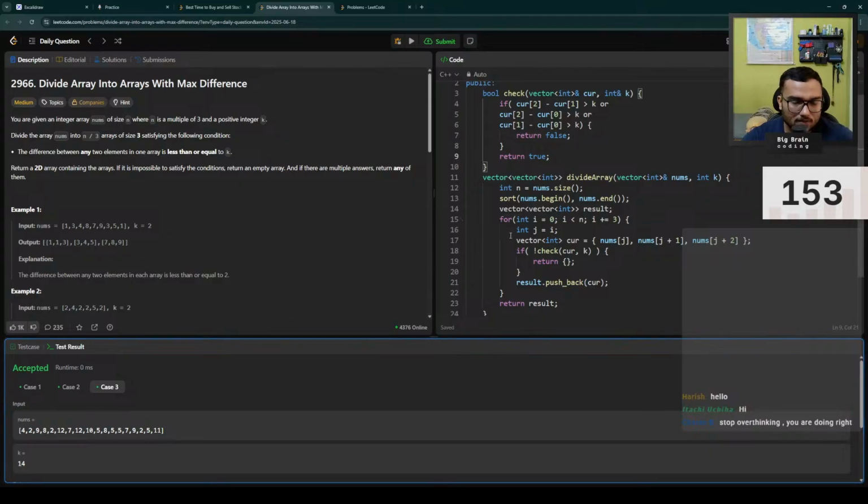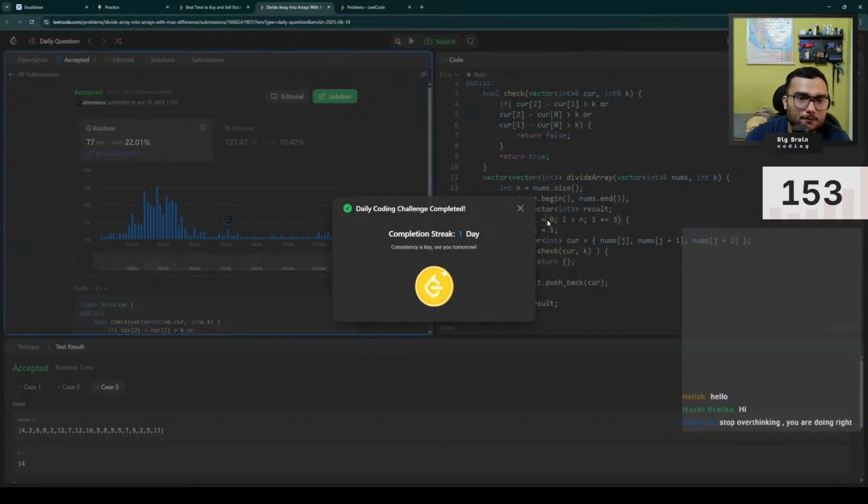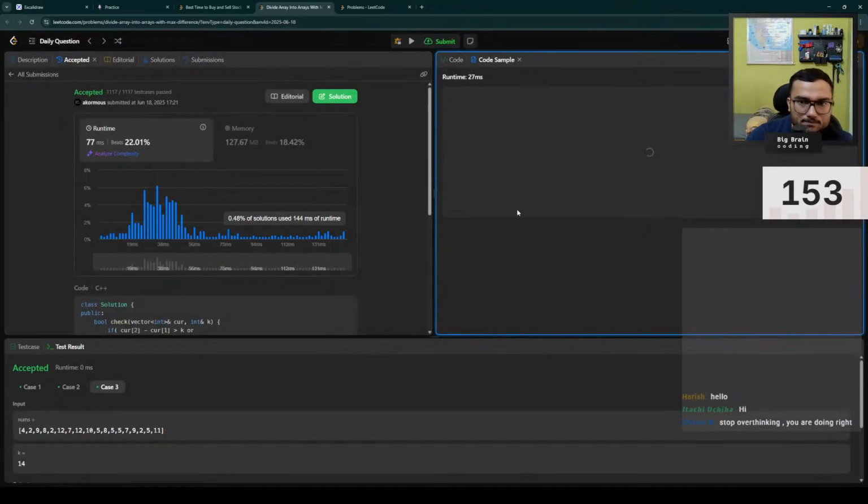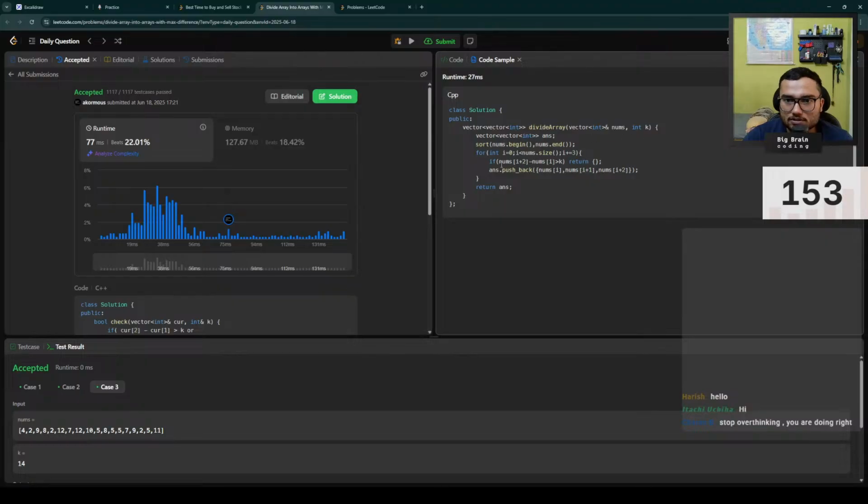Accepted the test example. Oh, it works, but it is slow. So what's the faster solution? Sort this if nums. Okay, he's just checking this guy. Why, brother?